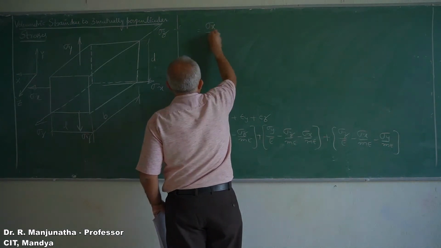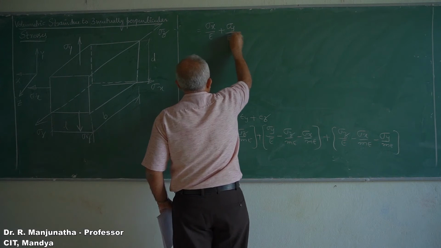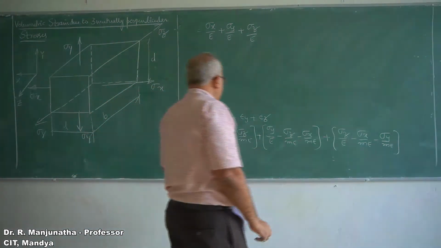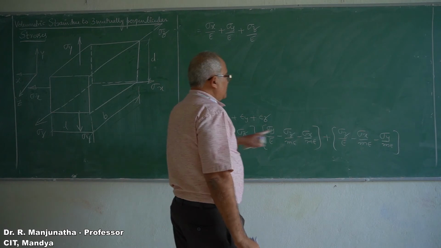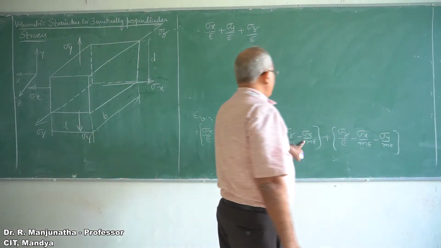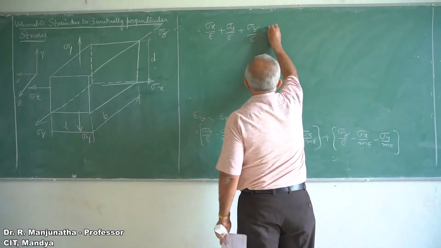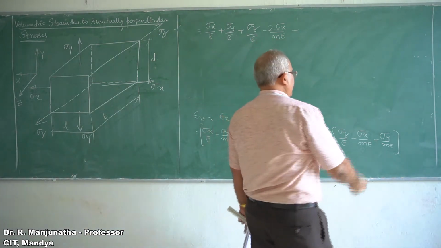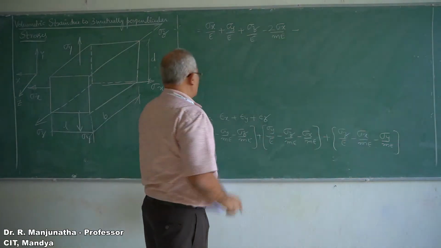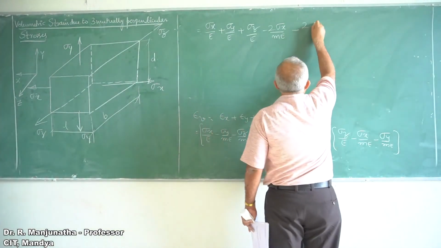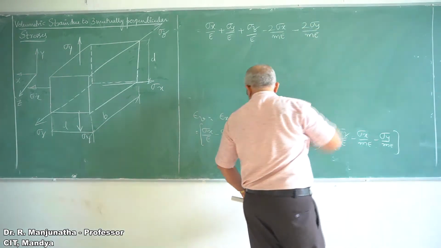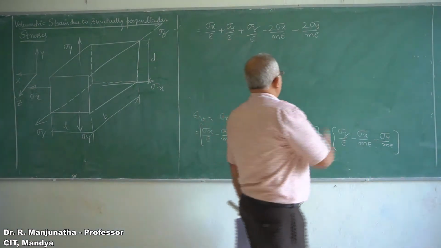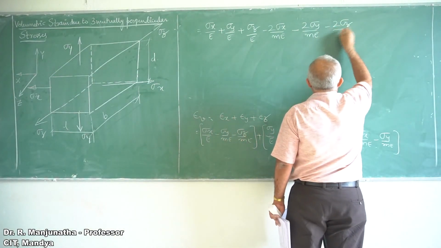So sigma x by E plus sigma y by E plus sigma z by E, minus, now here if you consider sigma x by m into E minus sigma x by m into E, that will be equal to minus 2 sigma x by m into E. Similarly minus sigma y by m into E minus sigma y by m into E, you are going to get minus 2 sigma y by m into E. Similarly minus sigma z by m into E minus sigma z by m into E, which will be minus 2 sigma z by m into E.